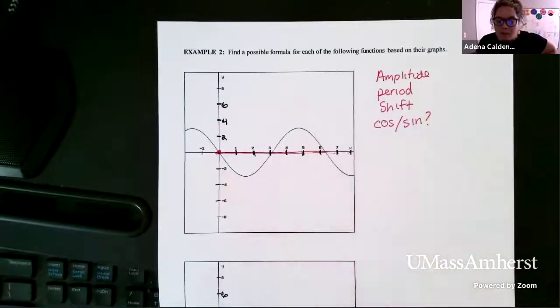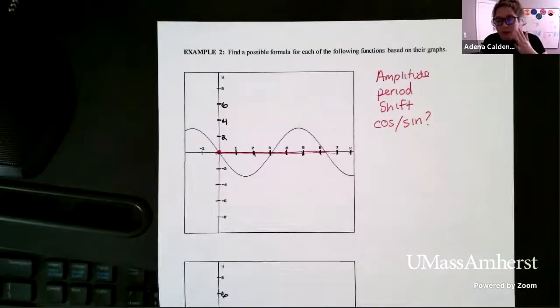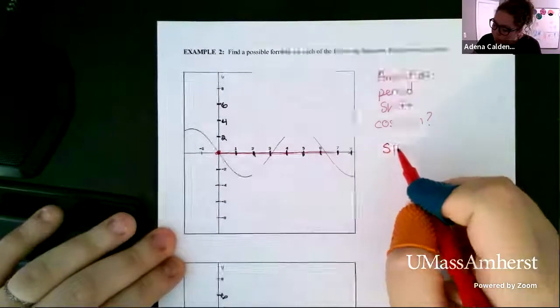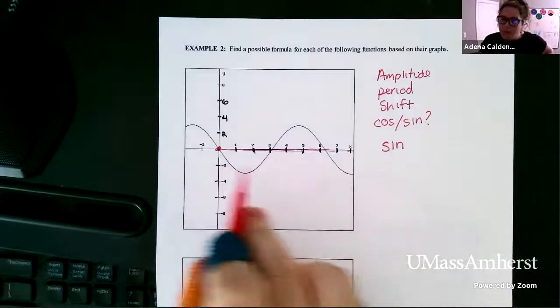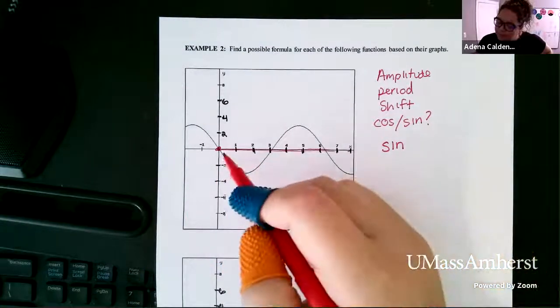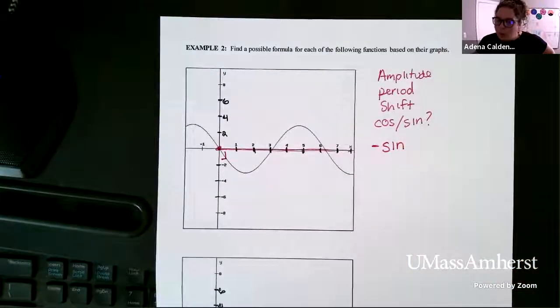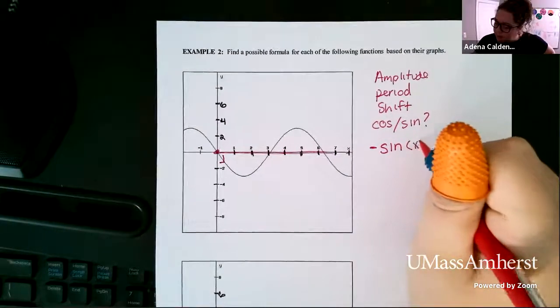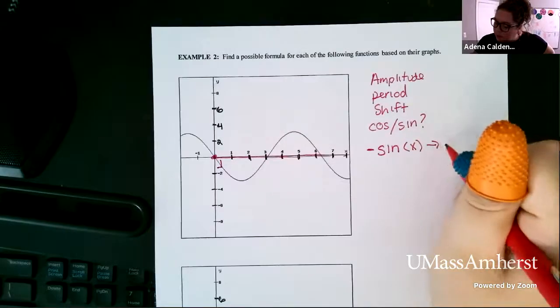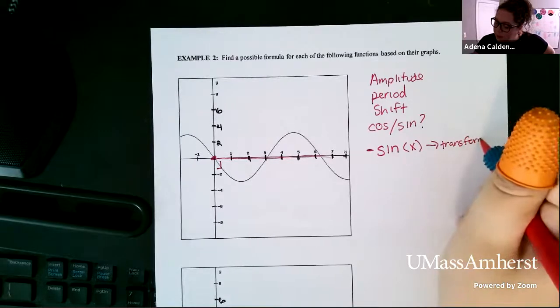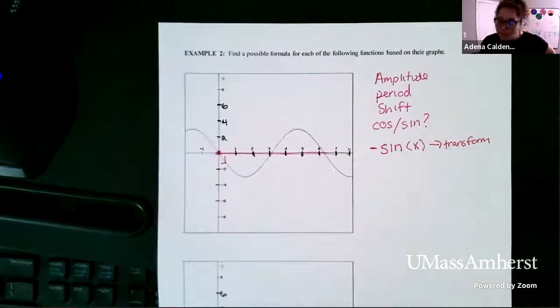So this is actually a rotated sine graph, which is a little tricky. I know it's sine because it starts in the middle, but since I start off decreasing instead of increasing, I know that I'm dealing with a negative sine graph, but I still need to transform it to match the amplitude and everything else.